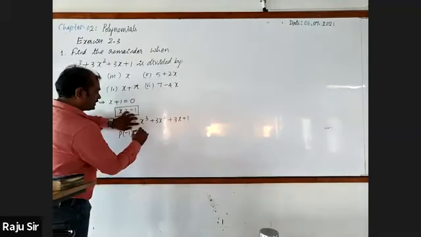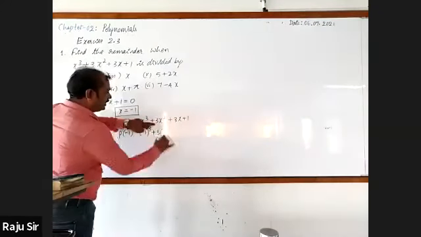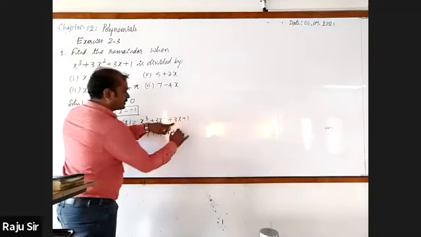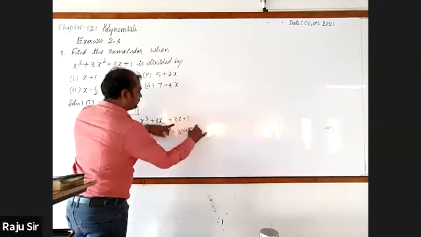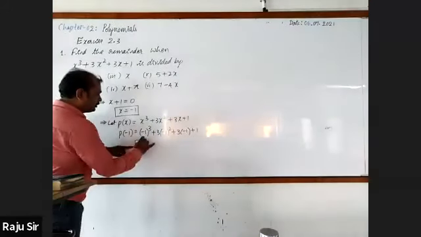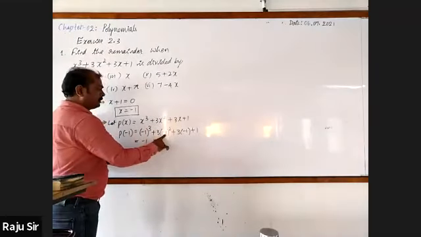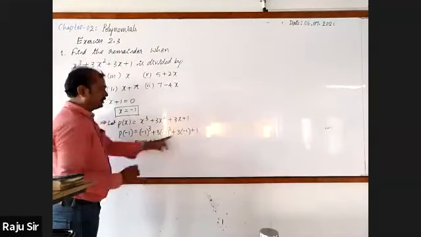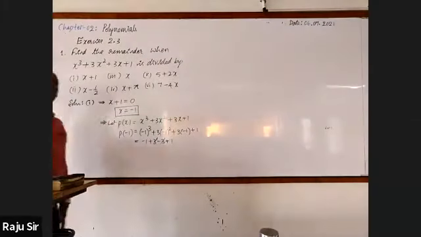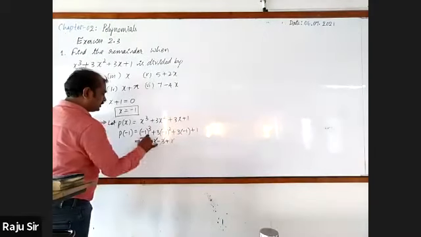x cube is there, so minus 1 whole cube, plus 3x square where x is minus 1, whole square, plus 3 into minus 1, then plus 1. Minus 1 whole cube is minus 1, minus 1 whole square is plus 1, into 3 is 3. 3 into minus 1 is minus 3, then plus 1. Minus 1 and plus 1 get cancelled, 3 and minus 3 get cancelled.